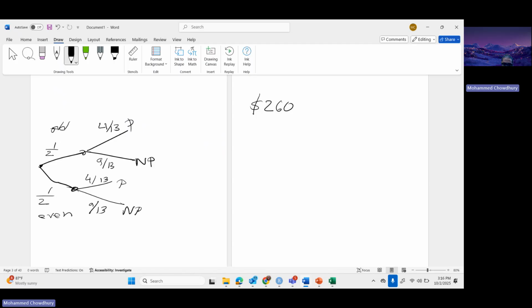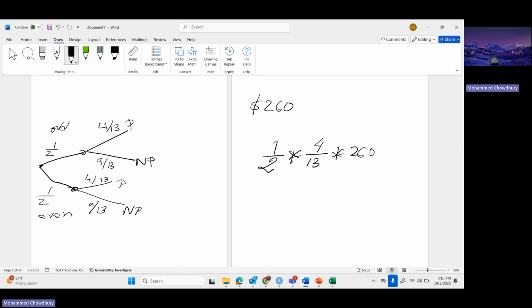And then, first of all, the probability of winning is half, multiplied by 4/13, and then multiplied by 260.